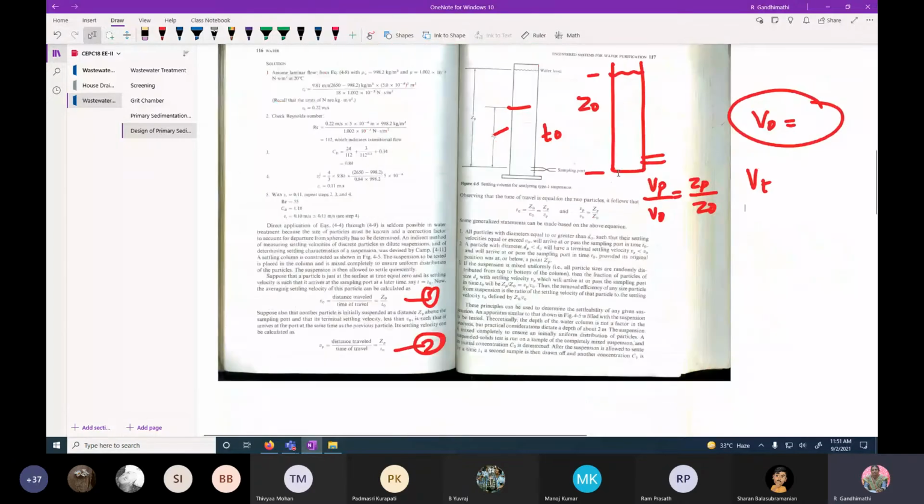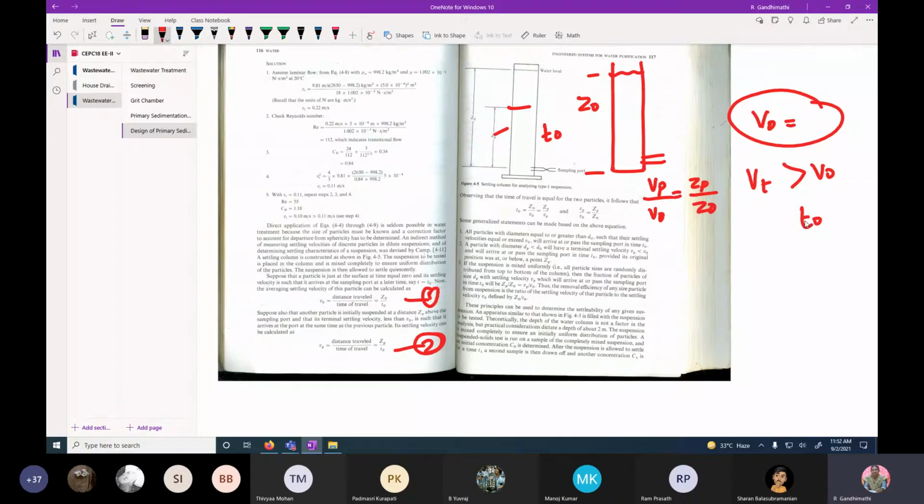Now calculate Vt. If Vt is greater than V0, definitely it will reach the bottom, maybe prior to t0. Is it clear? Yes, ma'am. That is the meaning of the first observation.